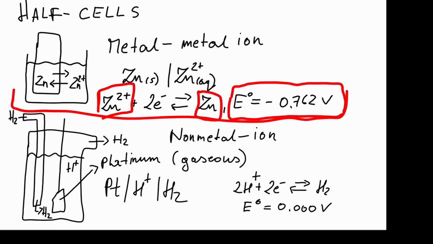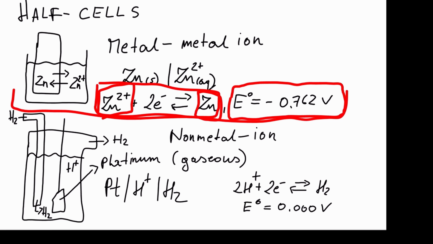And this potential, of course, appears in the Galvanic series, and you remember that all of these standard potentials of half cells, which are included in the Galvanic series, are estimated in relation to the hydrogen half cell.